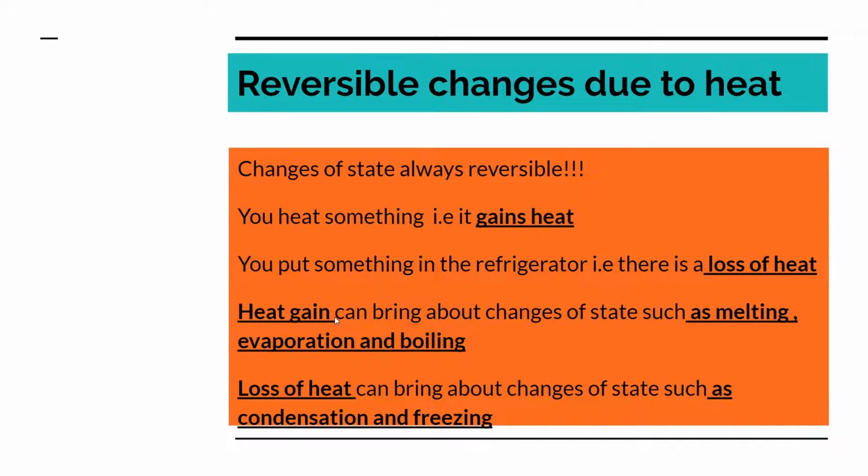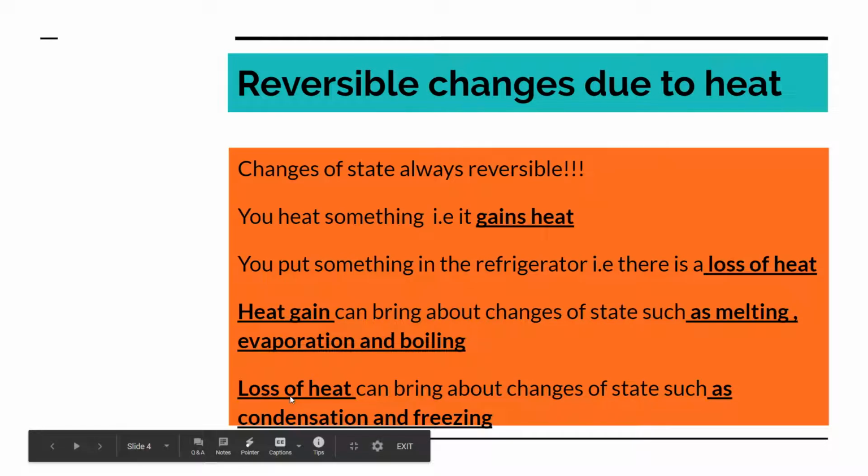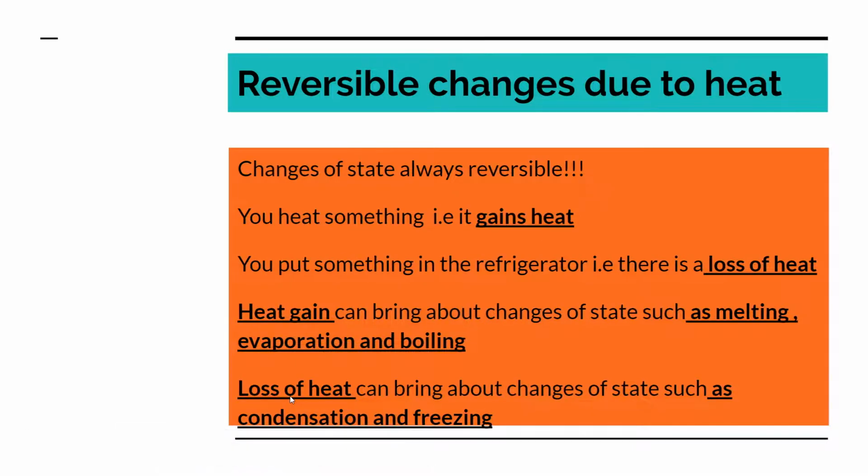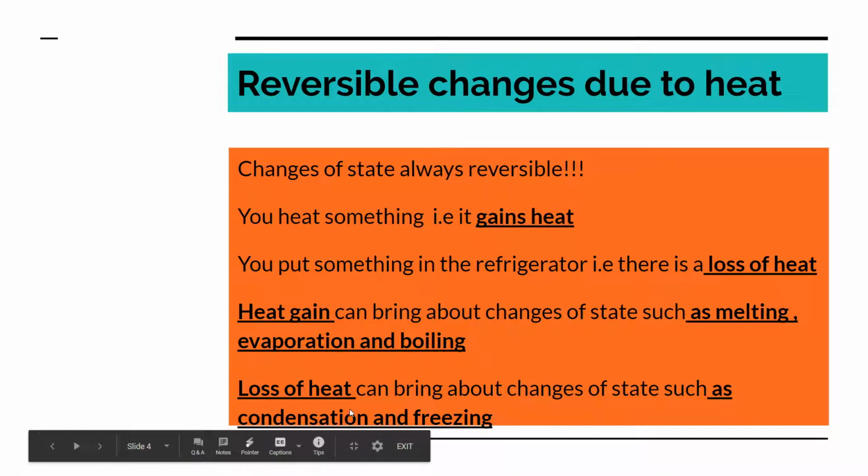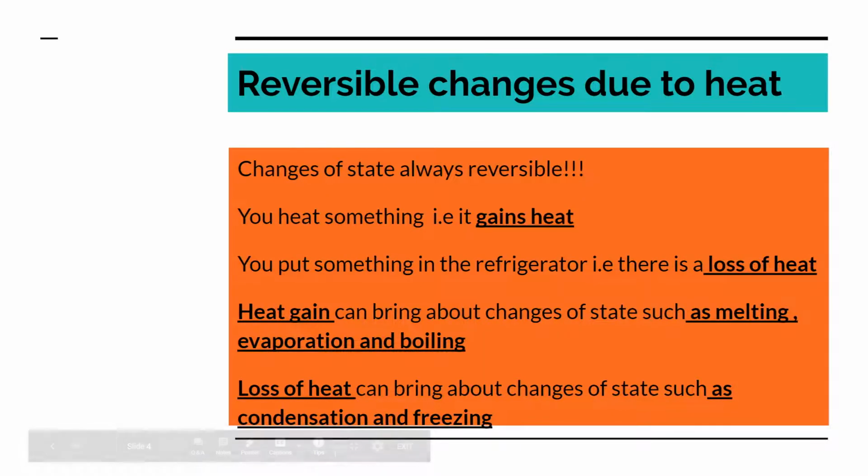Loss of heat can bring about changes of state as well, such as condensation and freezing. Condensation is when a gaseous state changes into a liquid state, and freezing is when a liquid state changes into a solid state. When there's loss of heat, the particles get closer to one another.